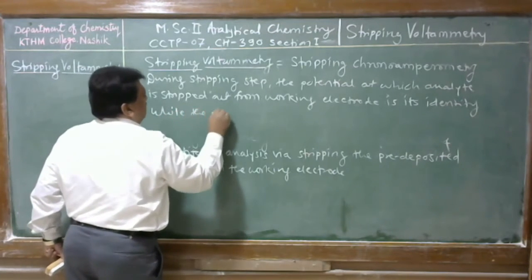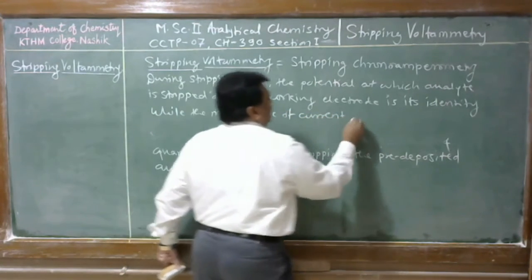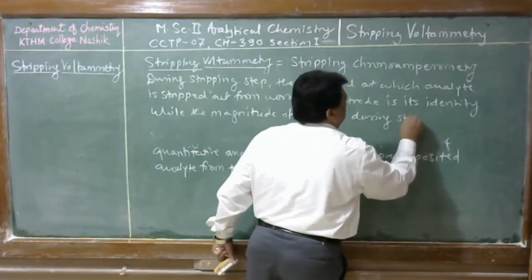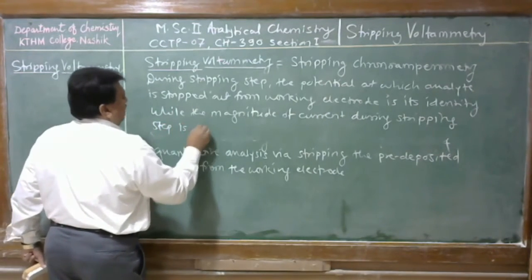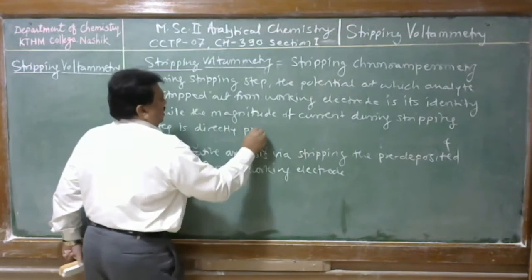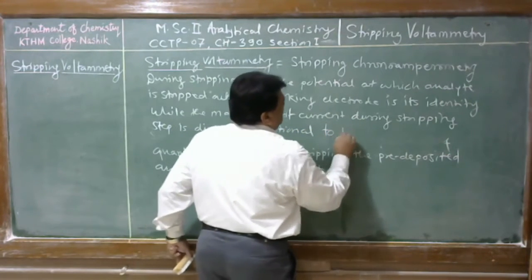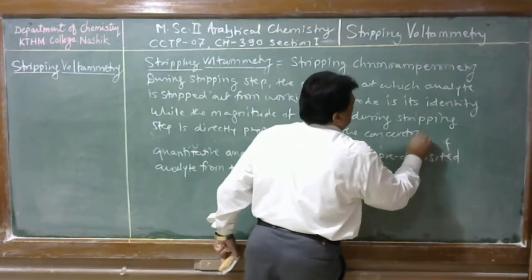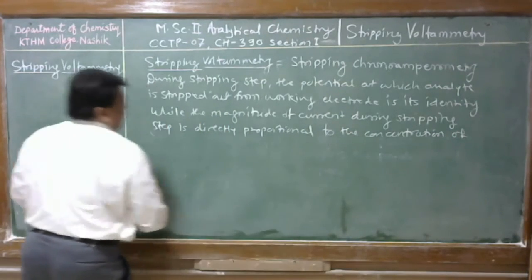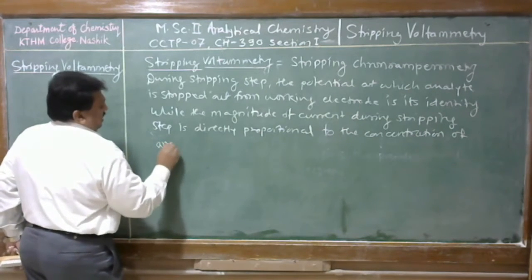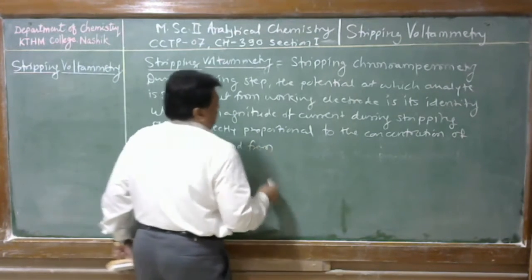The magnitude of current during the stripping step is directly proportional to the concentration of the analyte stripped from the working electrode.